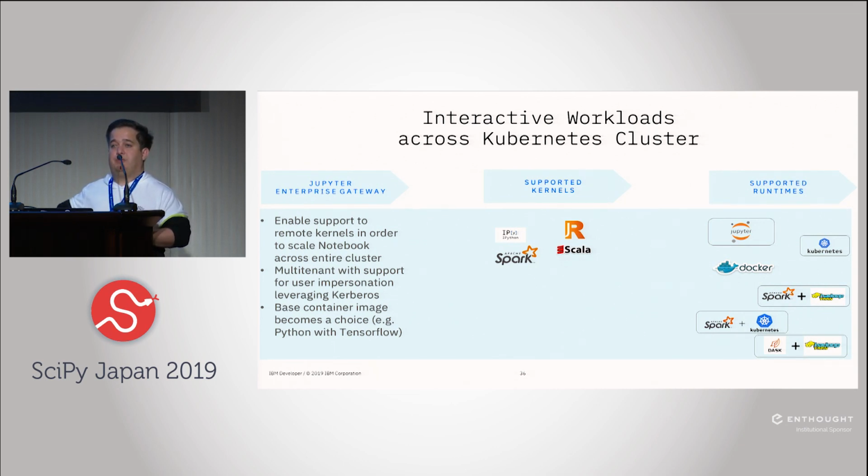On Kubernetes, we use a namespace to isolate different kernels from different users. And you can start mixing and matching all the images that you want with the kernels that you are deploying. Some of the kernels and supported runtimes that we really test with are Jupyter, Kubernetes, Docker, Spark on Yarn, Spark on Kubernetes, and Dask.